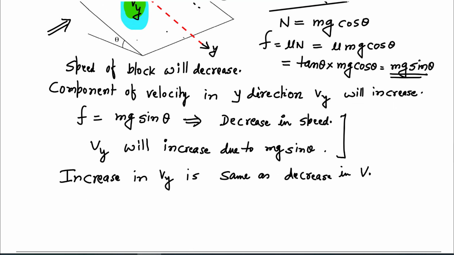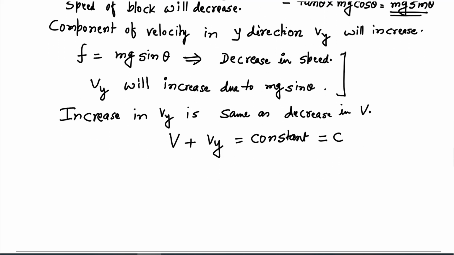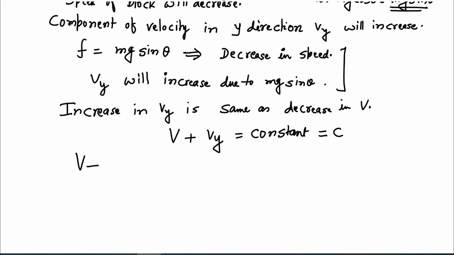This means, if you have two quantities, and the increase in one quantity is the same as the reduction in the other quantity, then the sum of these two quantities is constant. So we can say in this case v plus v_y is constant. This is a very important point. Let's call this constant c. So we have v plus v_y is some constant c.